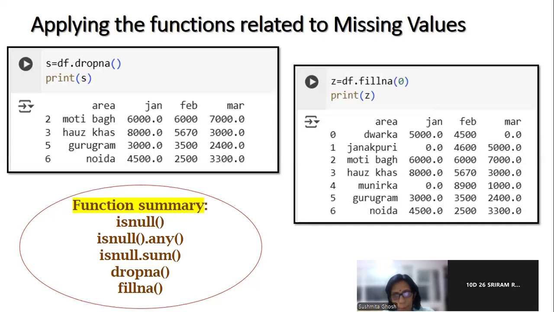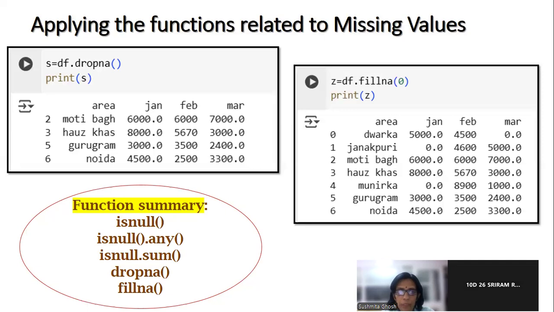Is null dot sum will give you the count of the null values, if it is column wise, or df dot is null for the entire df. Drop NA will delete the rows where there are null values. Fill NA will fill a particular value in the places where there is null. So these are the functions we should know in order to handle missing values in your data. Correct? Shall I move further?